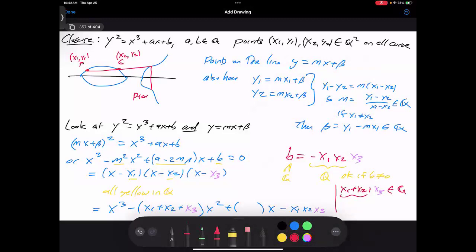And since this is rational, that implies x3 is rational. So it's not a bad idea to try looking at the constant term.